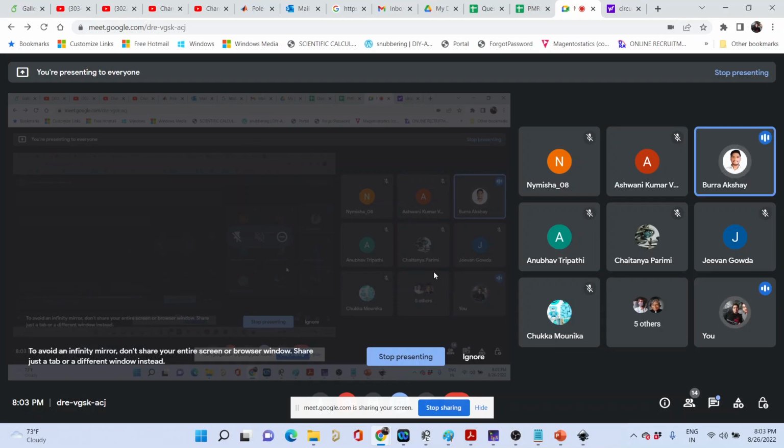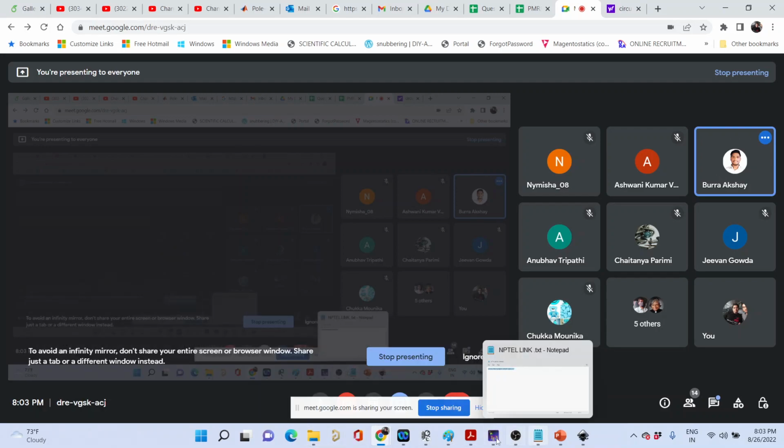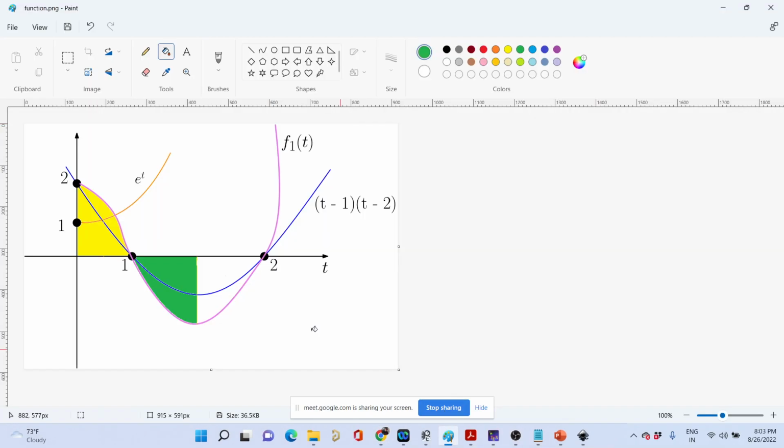Sir, how did you say that t minus 1 into t minus 2 is a parabola? So the x-axis I have taken t, and on the y-axis I have taken the function.